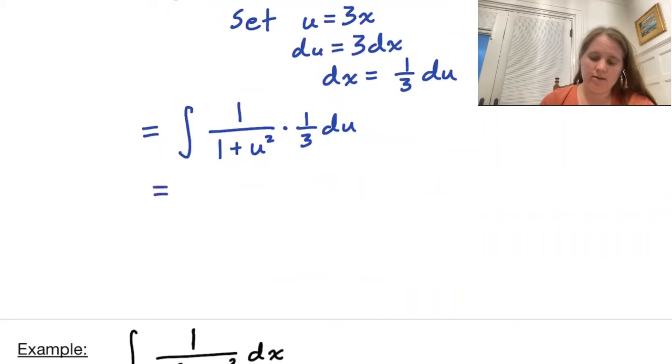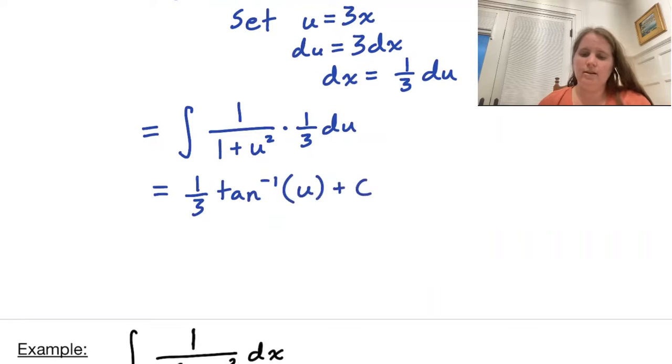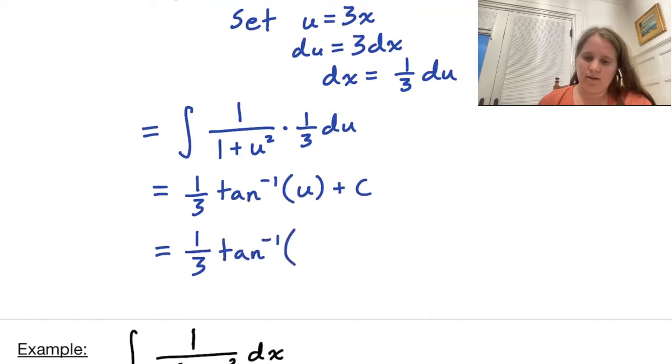Either way, this is just 1/3 times tan inverse of u plus c. And plugging back in our u, we wind up getting 1/3 times tan inverse of 3x plus c.